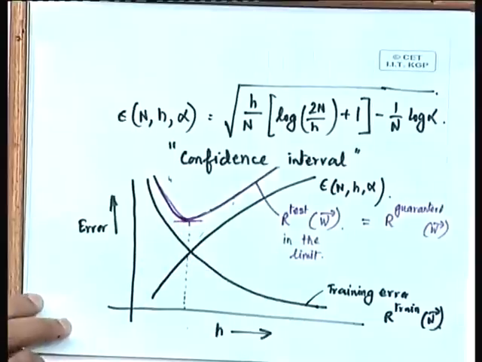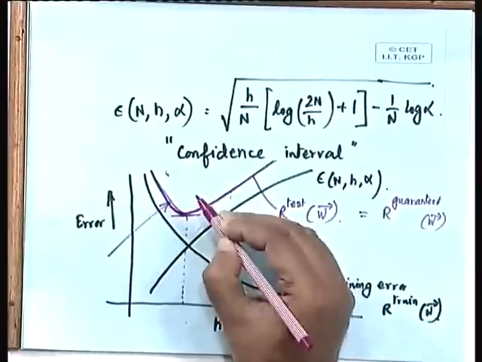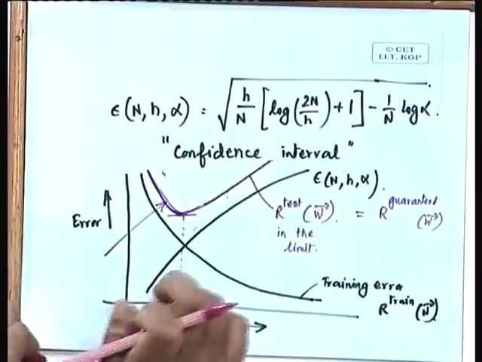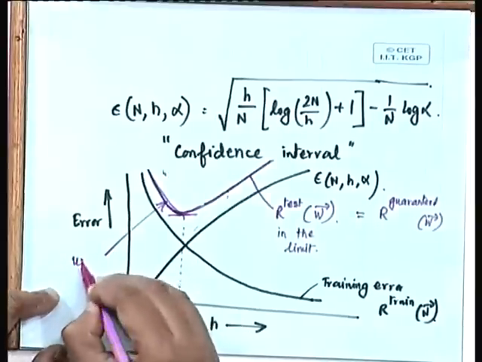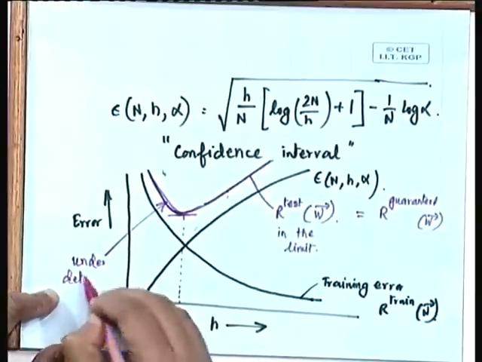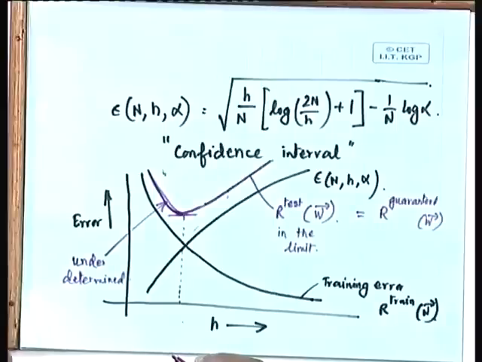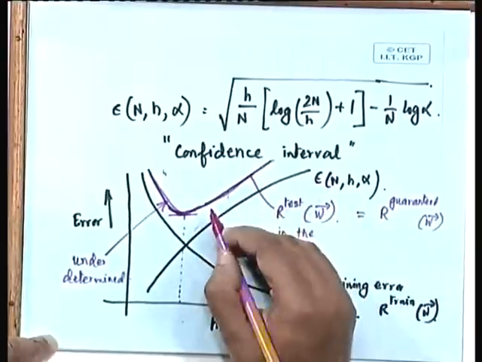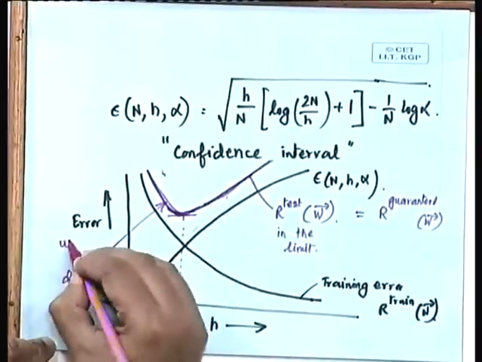This region we should call as the underdetermined, and beyond this minimum, let us not call underdetermined, the better term to say will be underfitment.